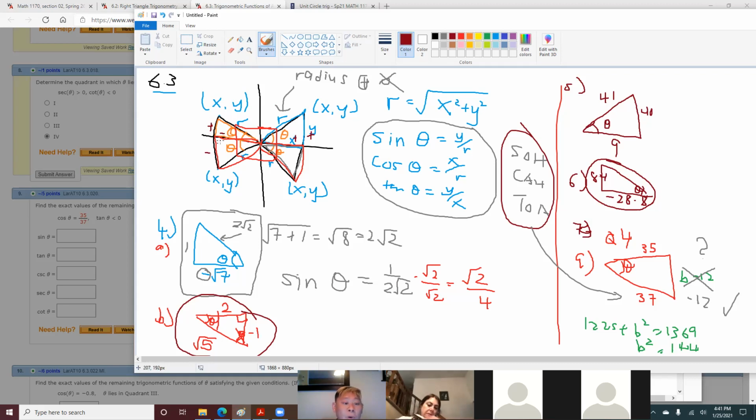In quadrant 3, both x and y are negative. In quadrant 4, your x is positive, but your y is negative. So that's the reason why this answer is negative 12, not 12. Your answer is correct, but your sign is all mixed up.